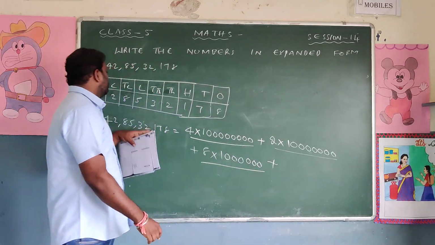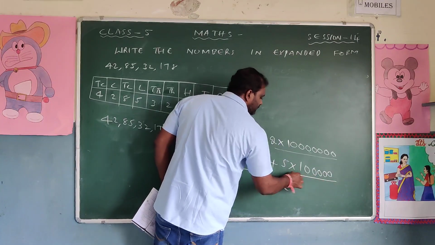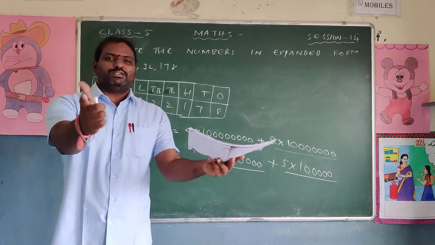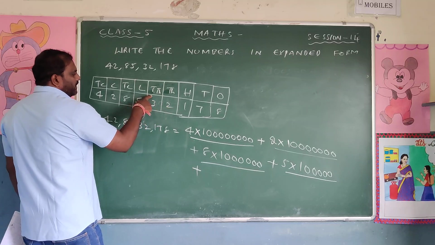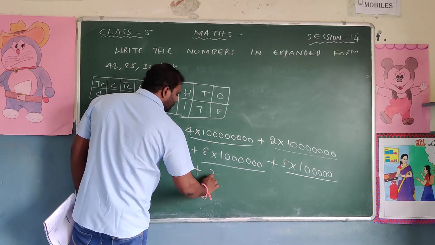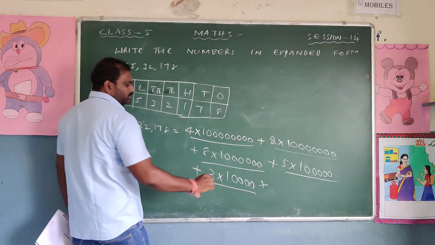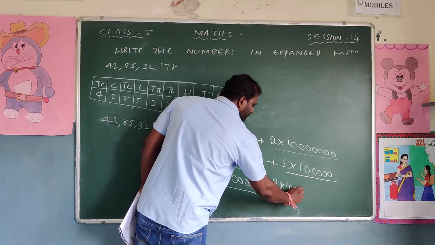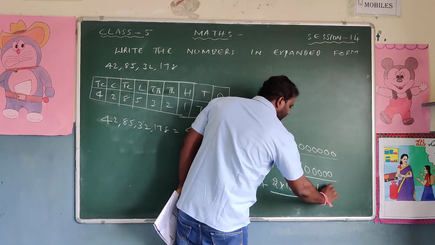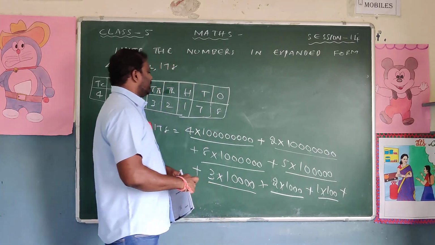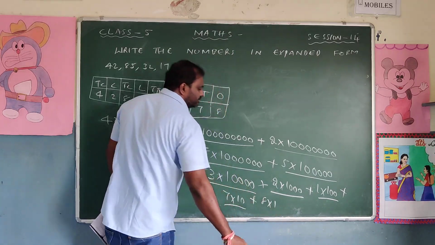Plus 5 into 10,000, which has 4 zeros, plus 3 into 1 2 3 4, then thousands, 2 into 1000, plus 1 into 100, plus 1 into 100. What is the remaining? 7 into 10, plus 8 into 1. Don't forget to write the zeros.